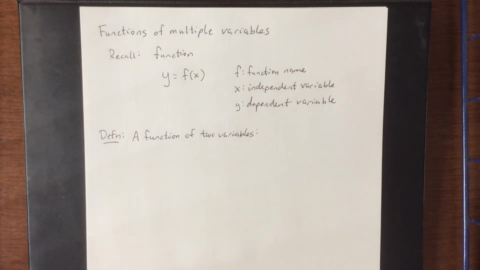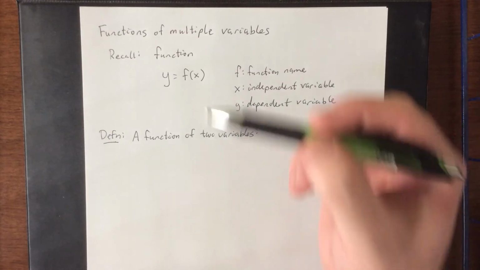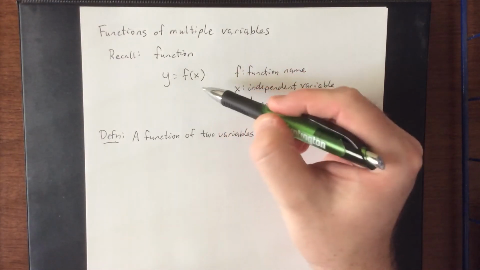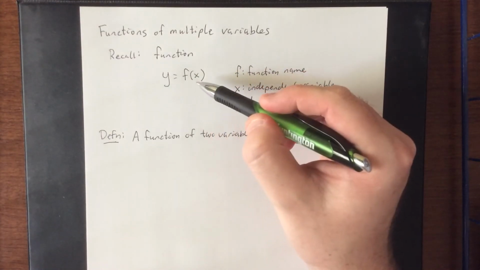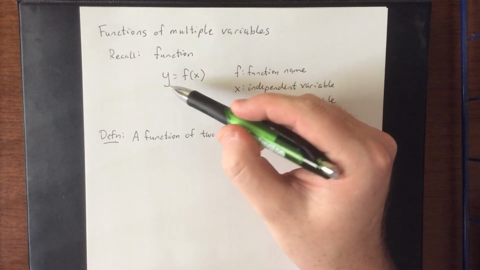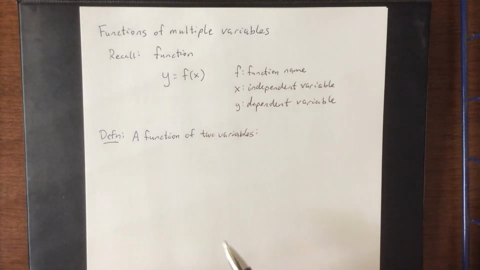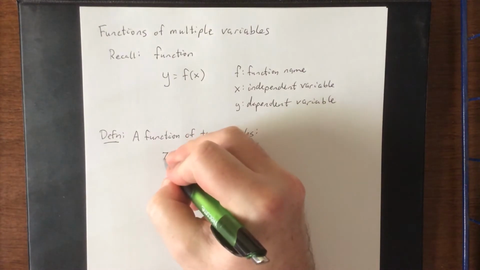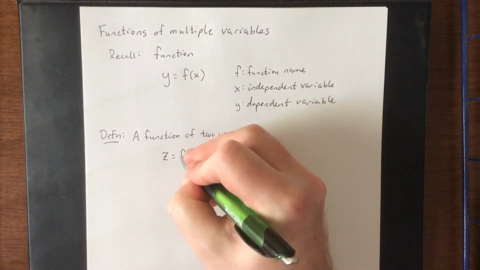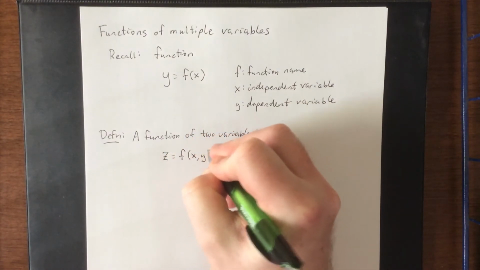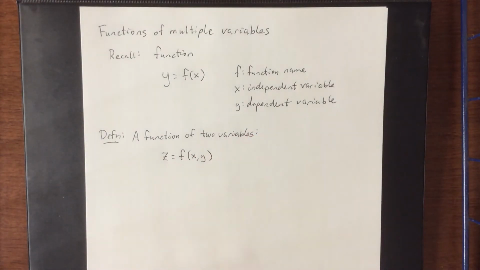Now, when we refer to a function of two variables, we've now made the jump from 2 dimensions into 3 dimensions. The x and the y each have their own dimension associated with them. One input yields one output, giving us 2 total quantities. For a function of 2 variables, the most common notation that you'll see is that z will be a function of x and y.